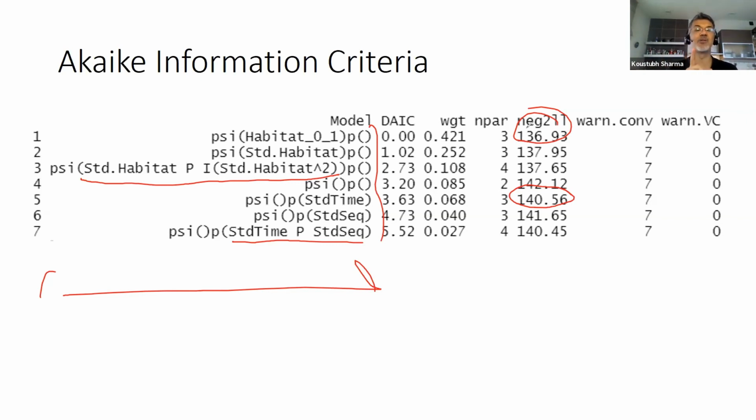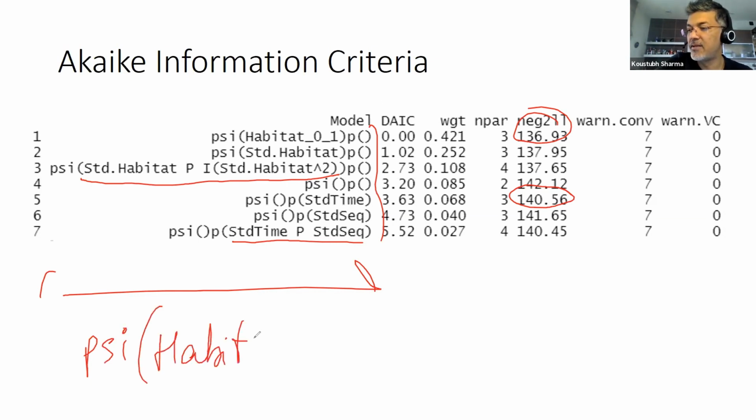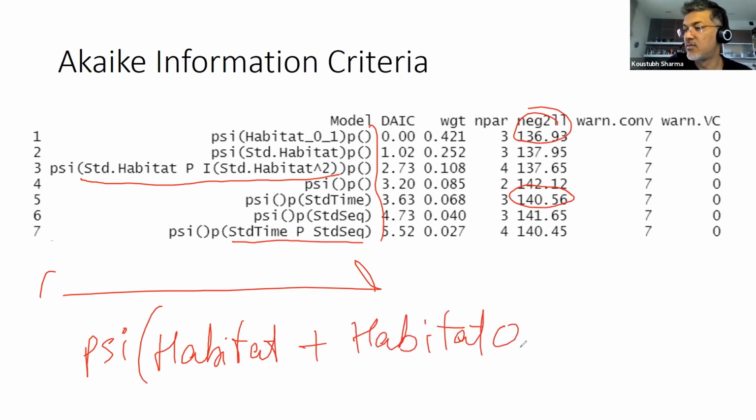But when you put everything together, make sure you don't use covariates which are correlated. Like we cannot run psi as a function of habitat plus habitat 0, 1. That would be wrong because they're the same thing.